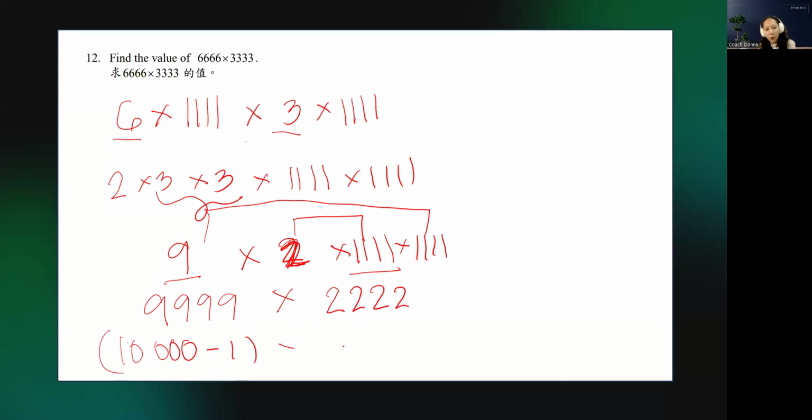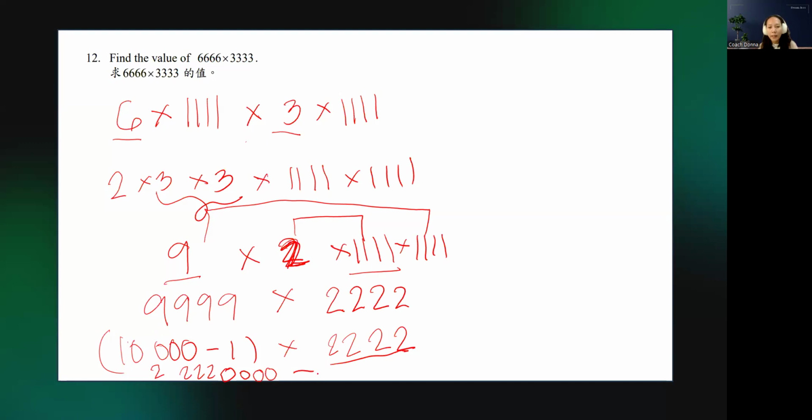Multiplied by 2222. So when you multiply 2222 by a power of 10, like 1,000, 10,000, or 100,000, you can actually copy this one, 2222, and replace the 1 here and copy all the zeros. So 1, 2, 3, 4 zeros.